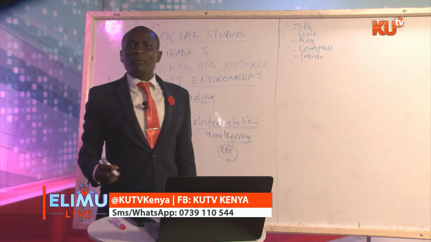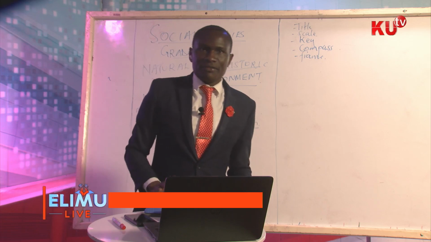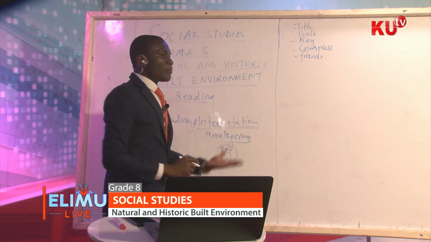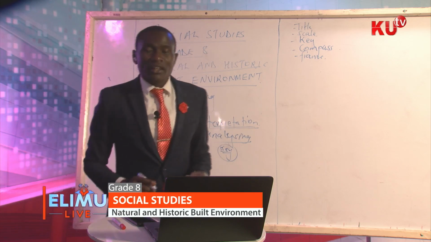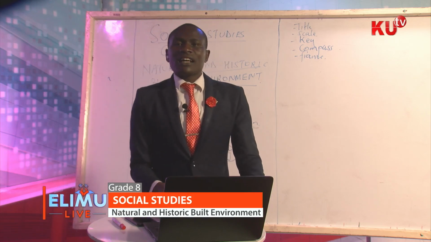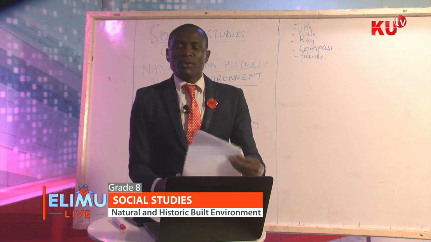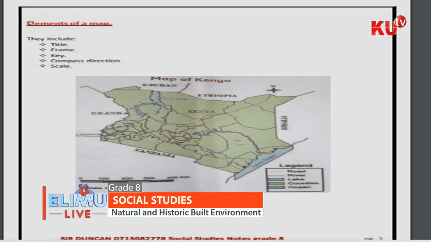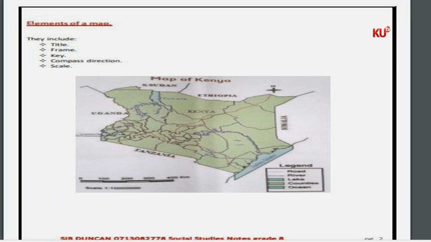These are the 5 elements of a map that we have as we study map reading and map interpretation. Now, we want to look at a sample of a map on our screen, the map of Kenya. We are going to study that map and see, does it have all the elements of a good map? We start with the title. As you see on the screen, that map has got the title.